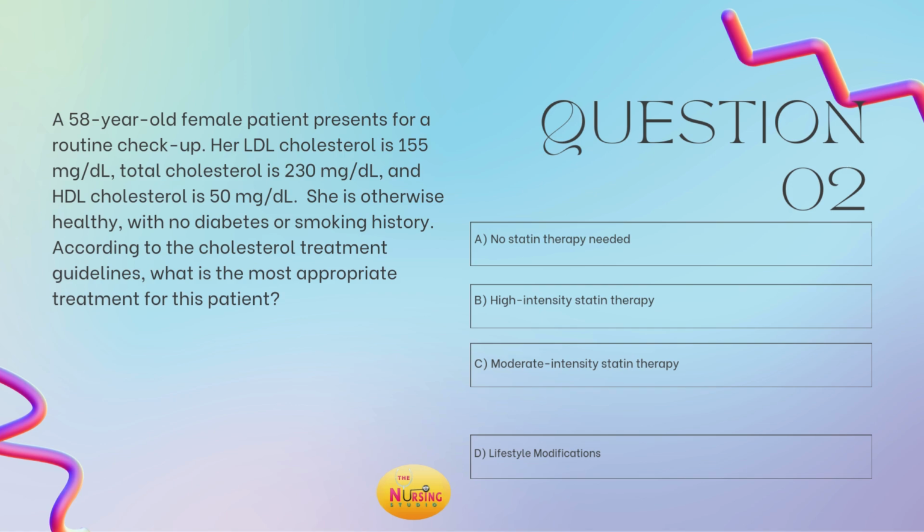So you want to consider your moderate intensity statin so that we can have that 30 to 49% reduction, right? You also could have utilized a lower intensity statin because it's less than 30%, but that moderate intensity statin would be the best bet for this patient, just simply because when you're trying to bring it down, let's focus on math here.